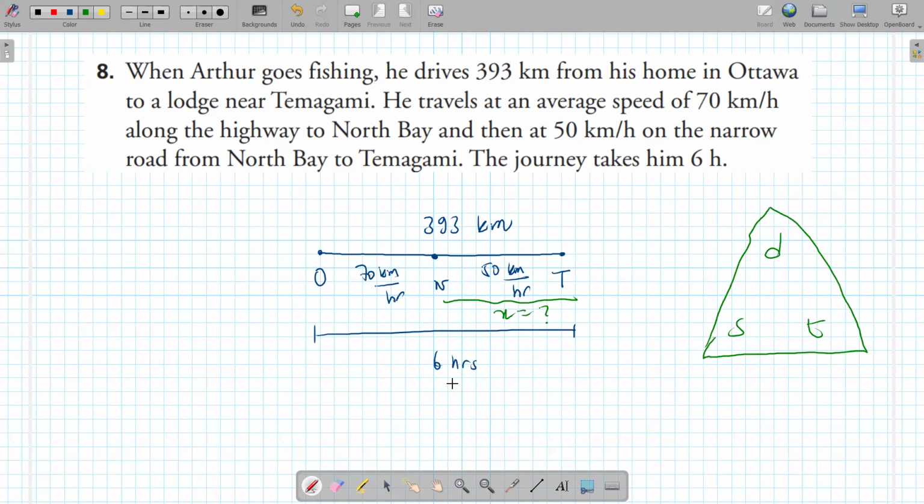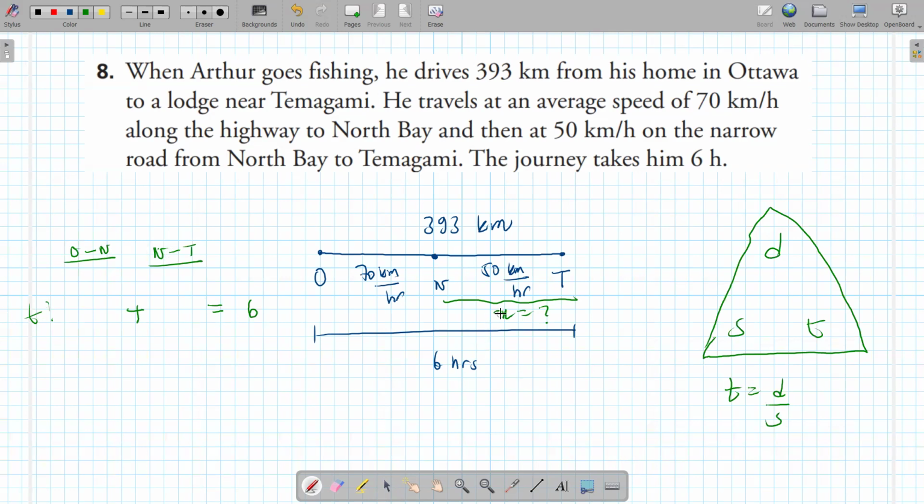Let's focus on time because they've given us 6 hours. It's a nice flat number. So the total time it takes for him is going to be 6 hours. This includes the time from O to N, and then it includes the time from N to T. The formula for time is distance over speed.